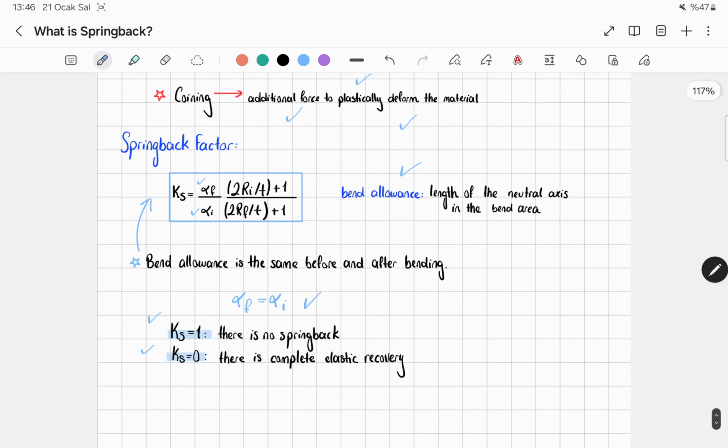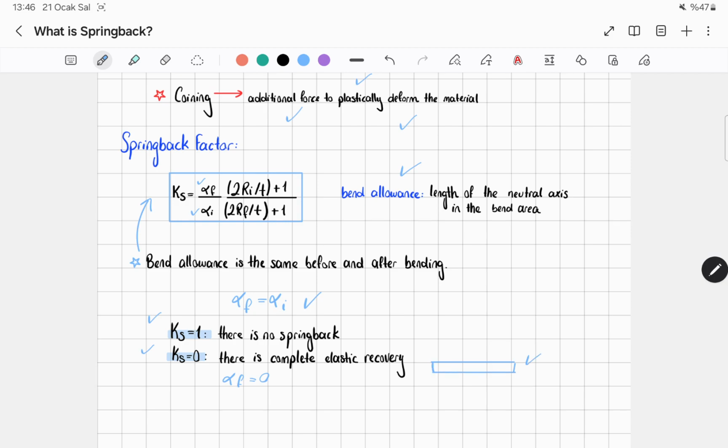If Ks is 0, there's complete elastic recovery. What does it mean? Let's say alpha final is 0, so that means there's complete elastic recovery. The final angle is 0, so our sheet metal is flat.